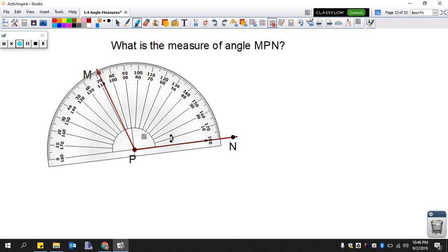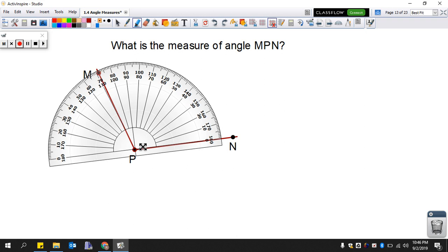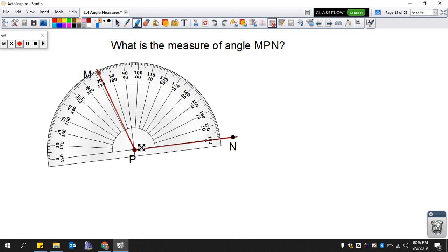Then we look up and follow around starting at 0, and in this case it might not be exactly on the vertex, but it's pretty close, and it looks like it's at about 107 or 108, maybe 108 degrees.